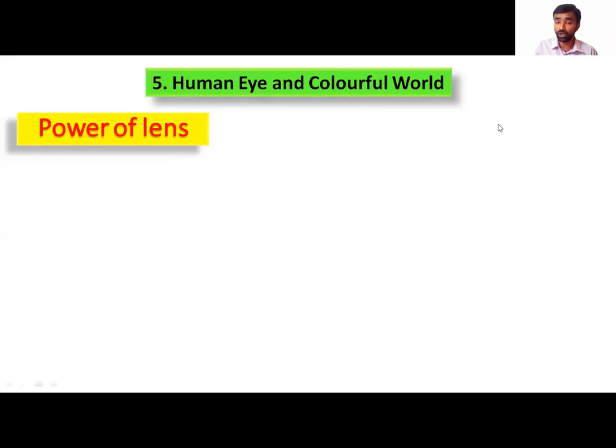According to that, we have two types of lenses: the converging lens and the diverging lens. That depends on the type of lens and its strength, the ability of converging or diverging light rays by the lens.